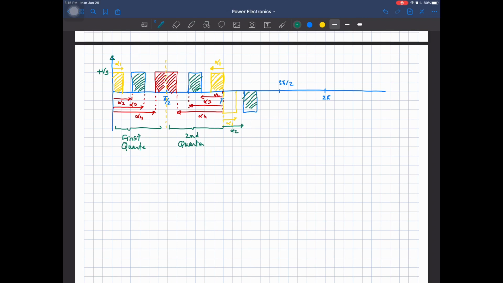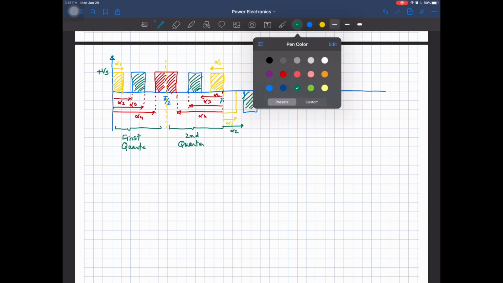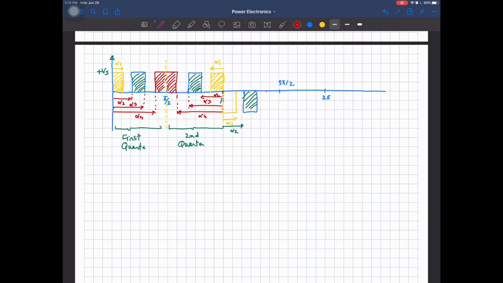And then taking the pulse centered at 3 pi by 2, the angle of this part is alpha 3, and this is at angle alpha 4 from this reference.